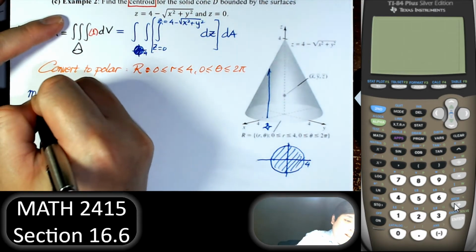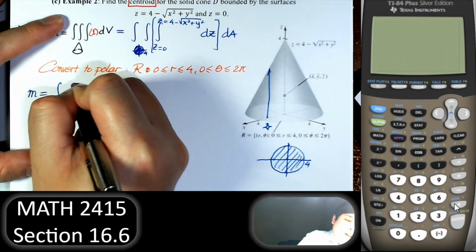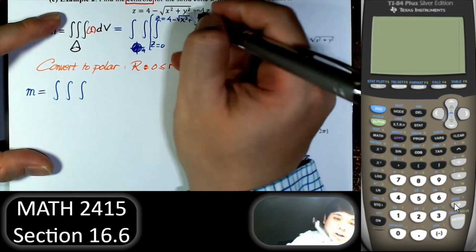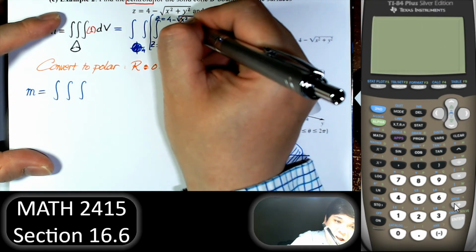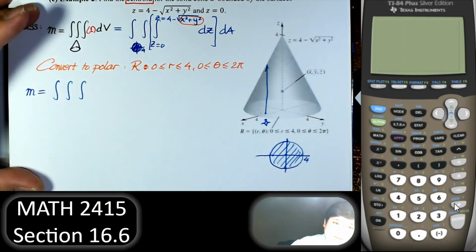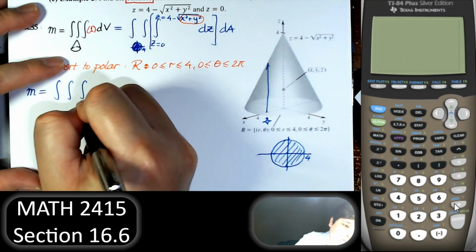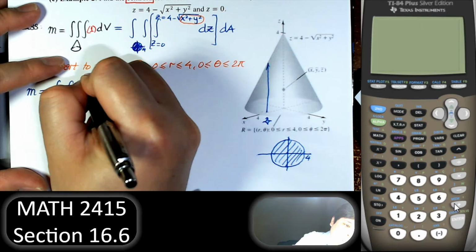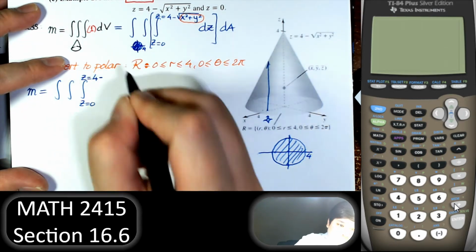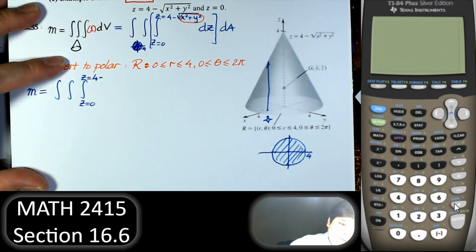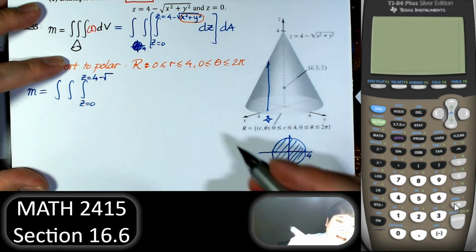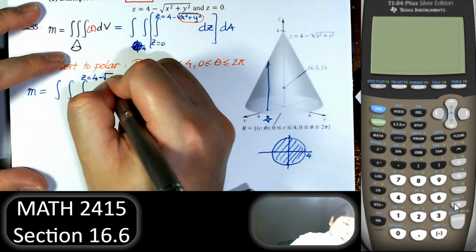So the mass. In polar, x squared plus y squared here is equal to r squared, right? So the square root of x squared plus y squared is r.